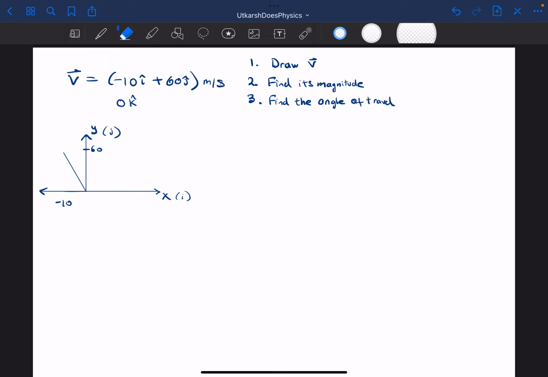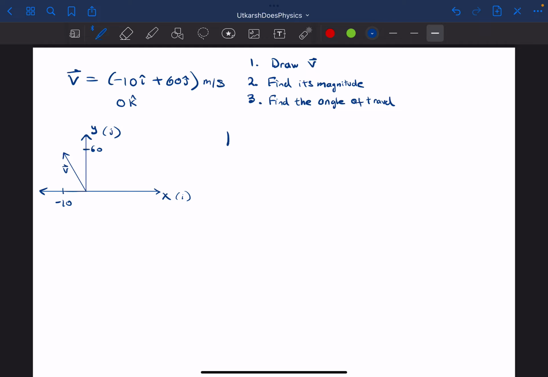So I've just removed the other two vectors because we don't need them anymore. But here we're going to label this V. Great. So what is its magnitude? How do we calculate the magnitude?